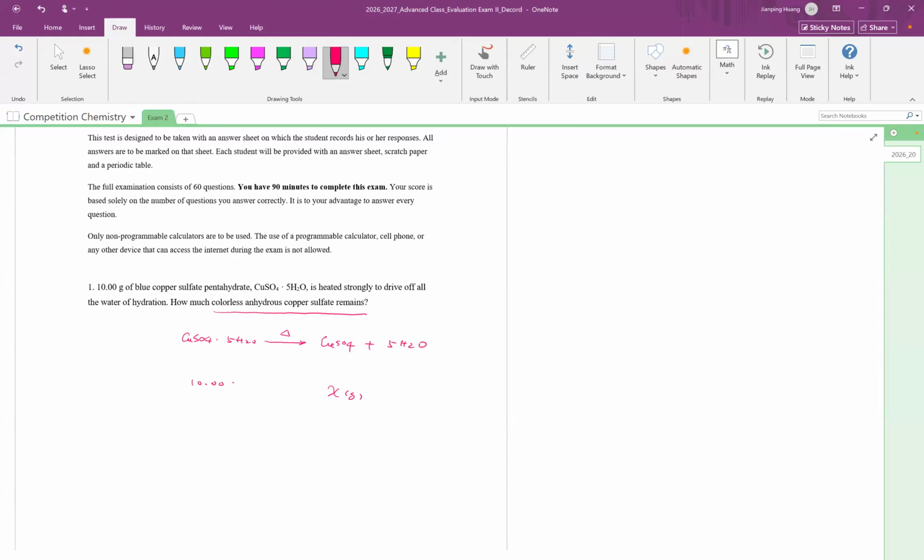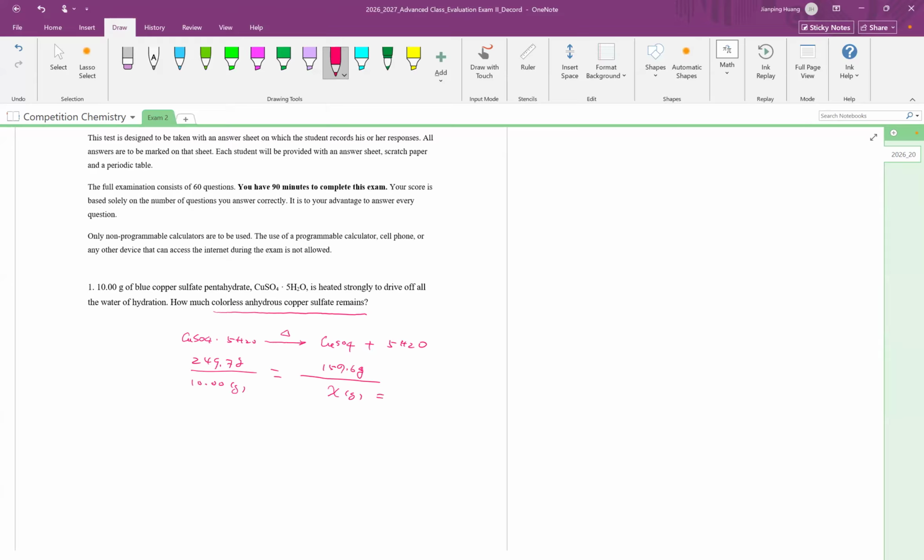since here we use mass in the same column, we use the same unit, which is the molar mass. 249.7 grams, reaction coefficient is 1, it's 1 mole. So basically it's 249.7 grams over what? And 159.6 grams.